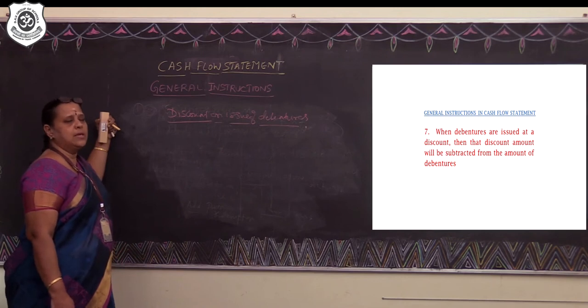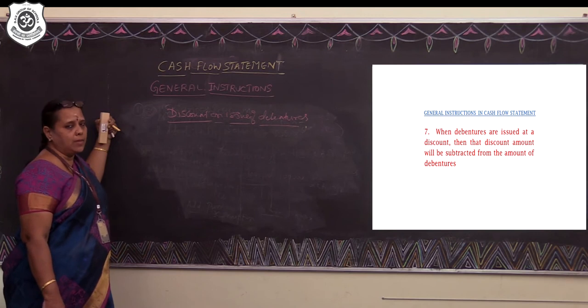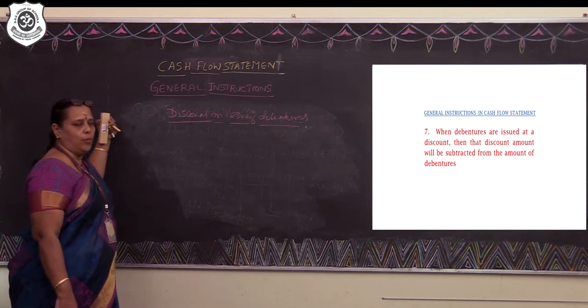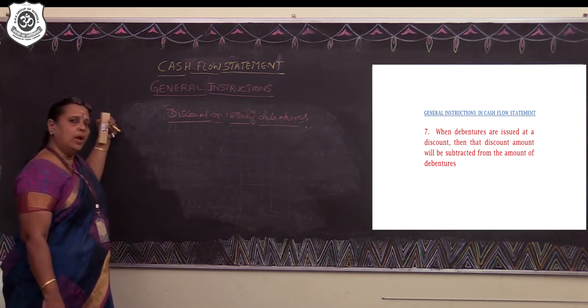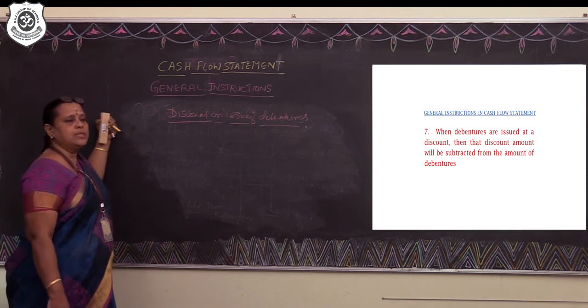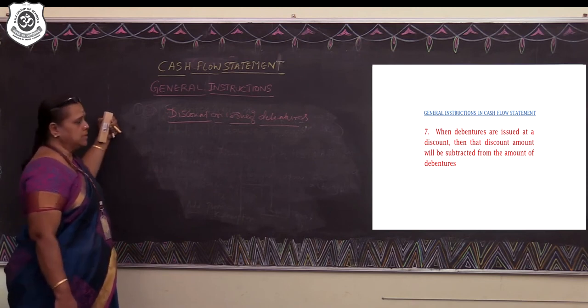Similarly, when debentures are issued at a discount, please remember the company is not going to pay anything. There is not going to be an outflow, but there is going to be a reduction in your inflow. Therefore, it will be subtracted from the source concerned.